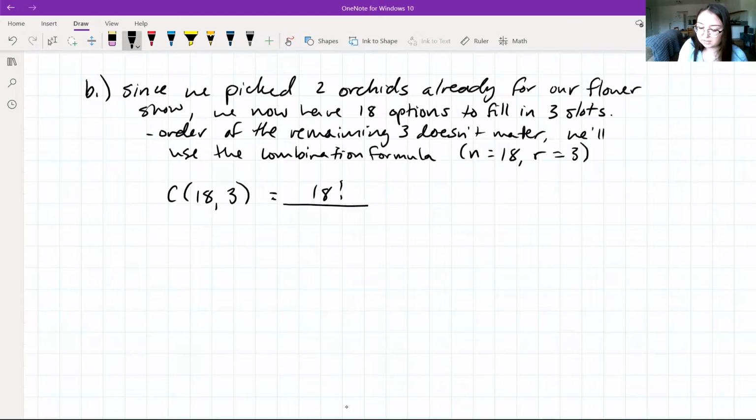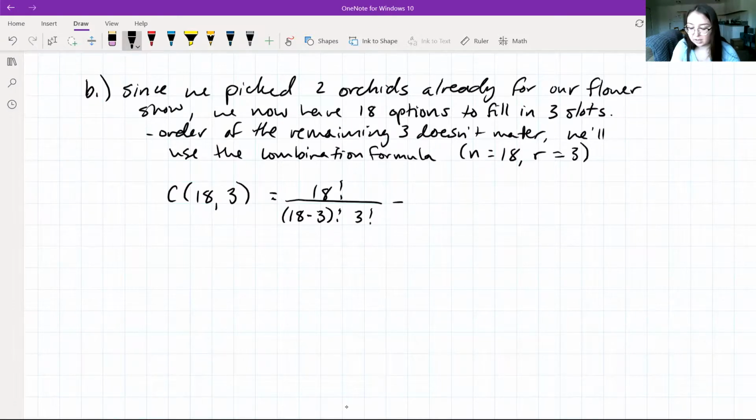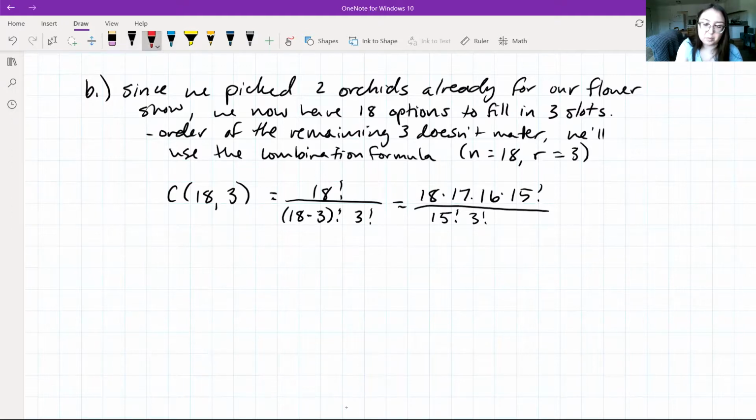We get 18 factorial, and then we want to divide by 18 minus 3 factorial times 3 factorial. We're going to end up getting 18 times 17 times 16 times 15 factorial, which we're dividing by 15 factorial times 3 factorial.